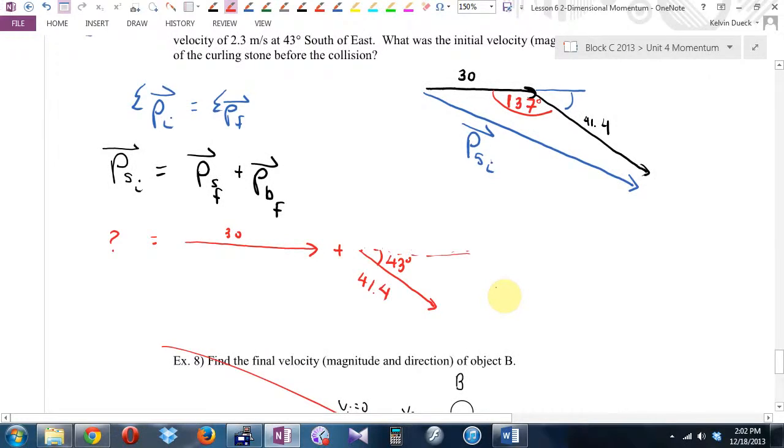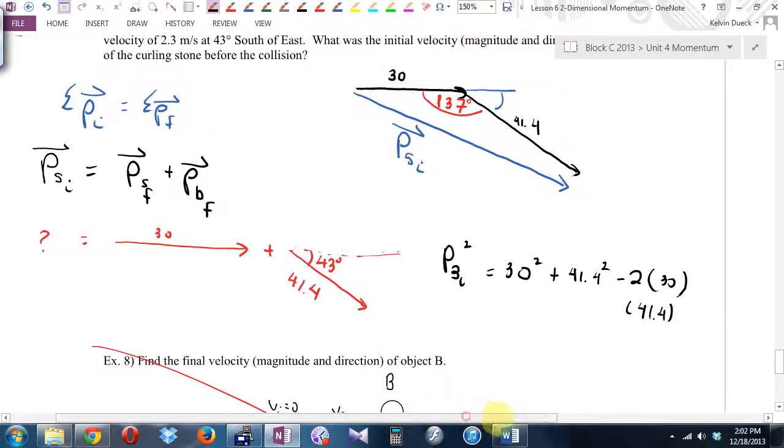What's the cosine law say? I think the cosine law says mystery side squared equals side squared plus other side squared minus 2 side 1 side 2 cosine of the angle between them, 137.